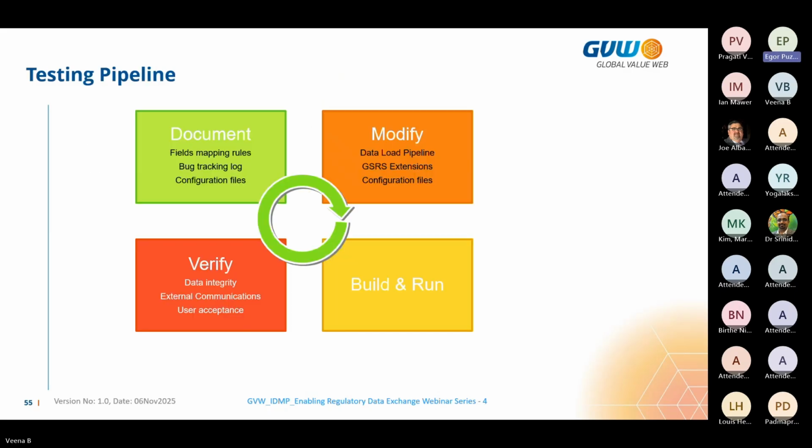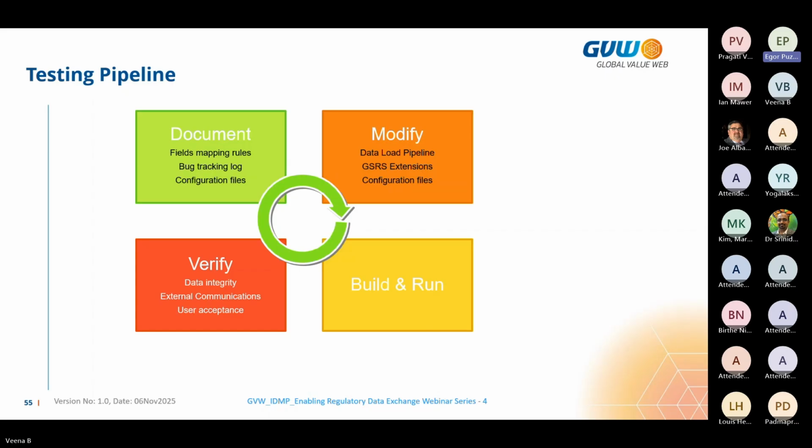And here is how we are organizing our testing pipeline. We have our documentation, which contains field mapping rules, backtracking logs, and configuration files. Then we implement our data load pipeline, creating our data source, necessary extensions, and configuration files. We can build a GSRS system, make a test run, import data, and then verify results.